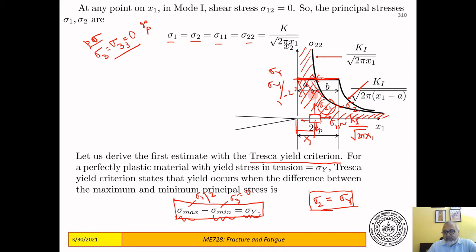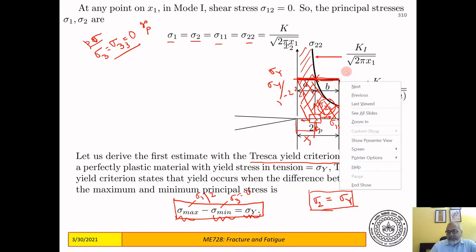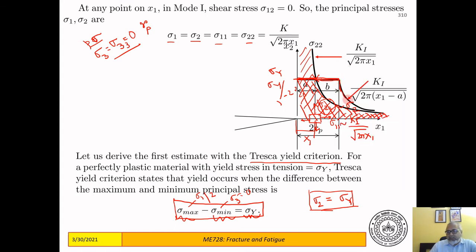This area cannot balance that out, because the cross-hatched area is smaller than the single-hatched area. So obviously this has to extend further into the material, and then your linear elastic solution will come into being again.